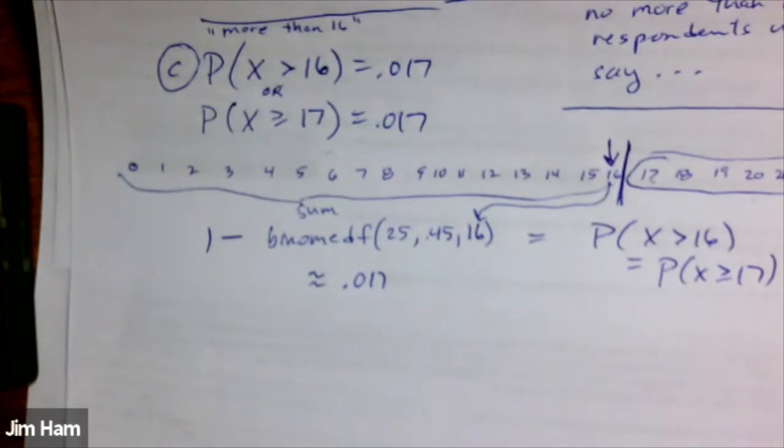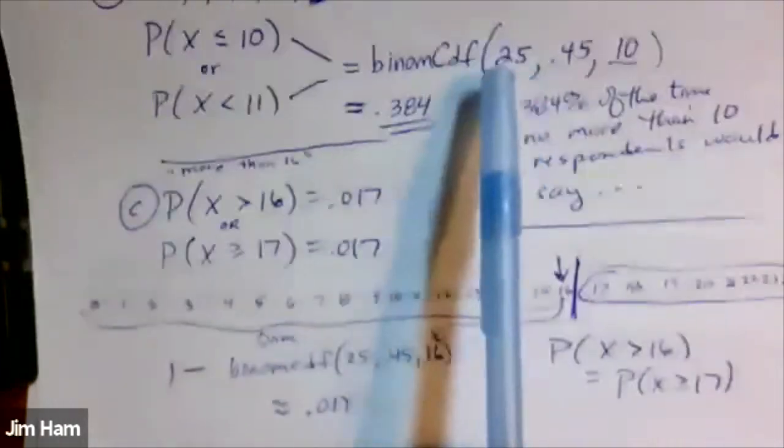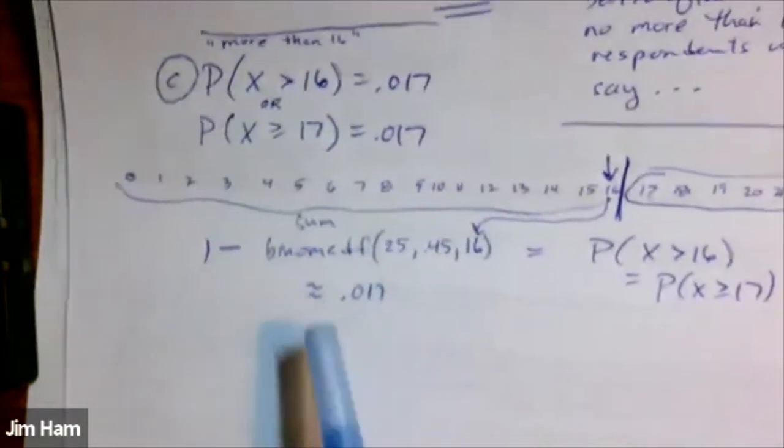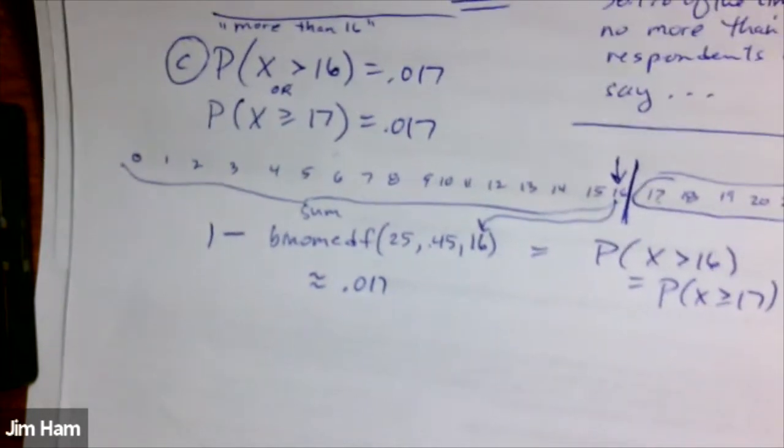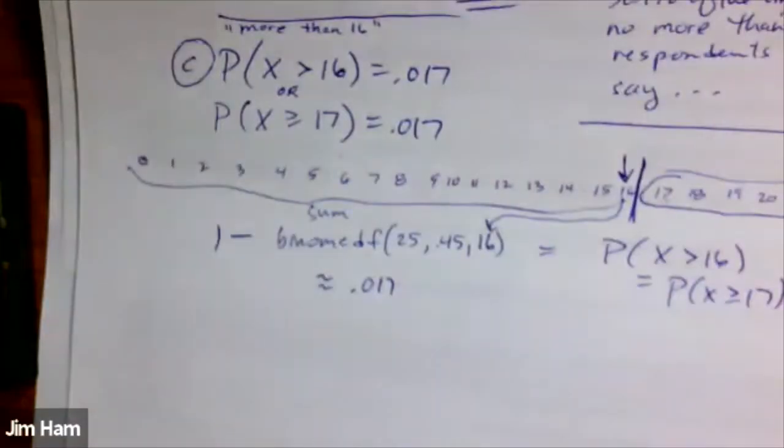There's only a 1.7% chance that 17 or more people would say that morality in the United States is poor. The less than probabilities are easier, just uses binomial CDF. The greater than probabilities, you have to take 1 minus the binomial CDF. And we will definitely practice this.